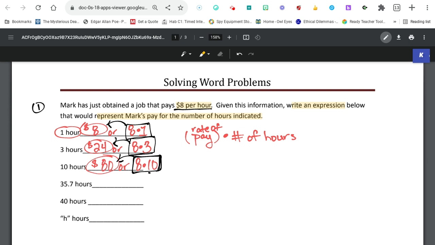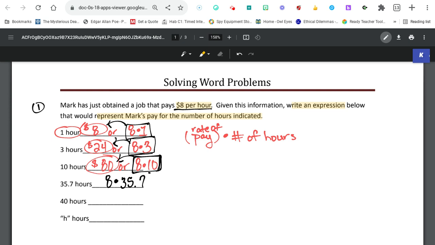All right, so for 35 and 7/10 hours, we know that's going to be $8 times the number of hours, which is 35.7. Not concerned about what that equals right now, but I'm concerned about the operation, the numerical expression.